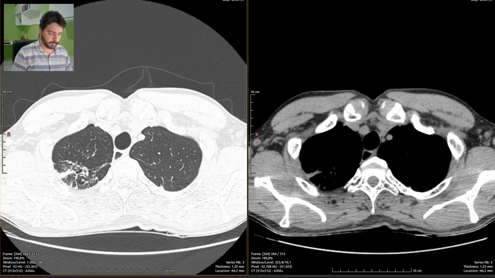Now, there is no pleural effusion. Pulmonary bands.